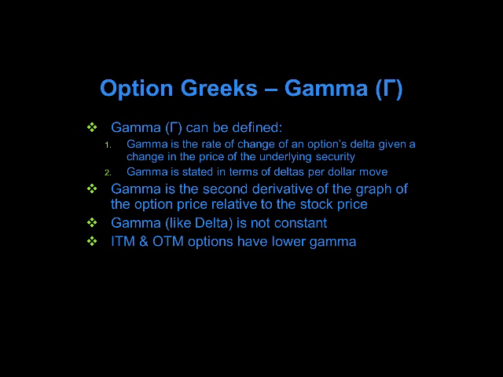Where do you think gamma is at the highest? At the money. At the money has the highest gamma. What else is also highest at the money? And we're going to get to it in a minute. Theta. Theta is also the highest at the money. Gamma and theta have a relationship, kind of like a really bad relationship between people. Gamma and theta are always at odds with each other, and we'll talk about that in a minute.